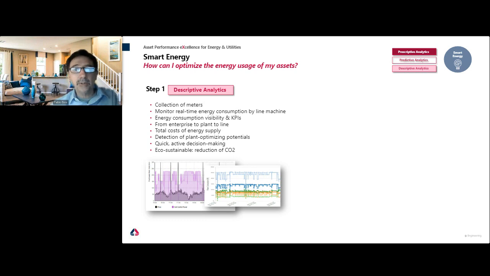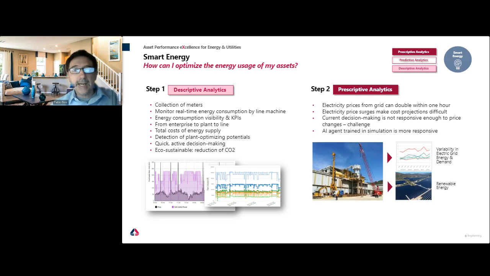Here the step two is really now using the data in order to support the decision process. For example, here we have a case where we're basically using AI to decide when to switch to solar.